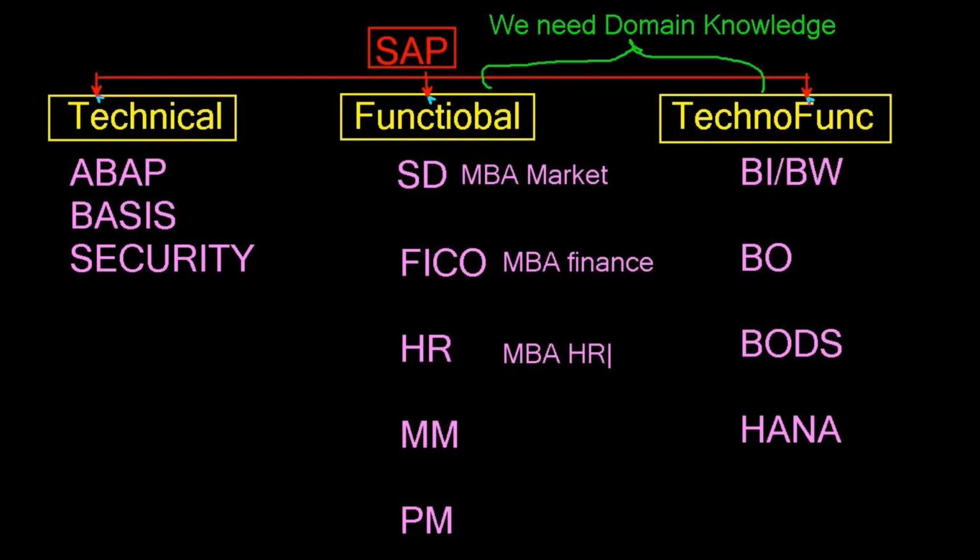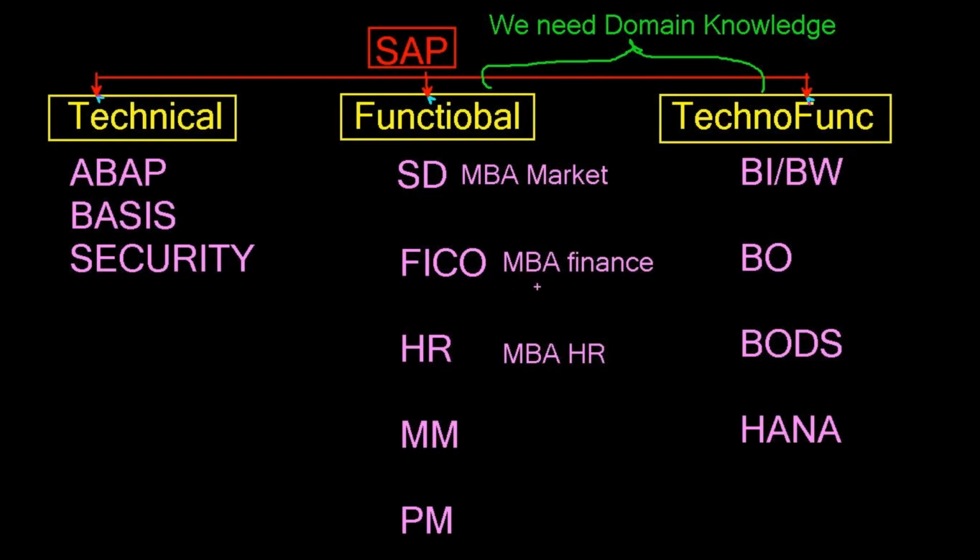MBA HR is different, MCA is different. So we are not able to survive in the organization, even if we get the job on SAP HR, because we need domain knowledge, domain experience. MBA HR is the domain experience for SAP HR. So please remember, domain experience is mandatory.